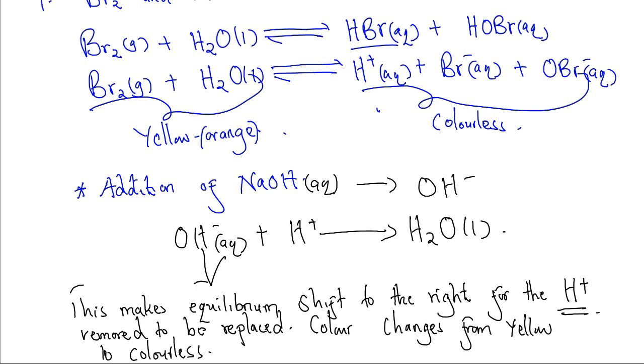On the other hand, when we add hydrochloric acid, addition of hydrochloric acid will bring hydrogen ions, which react with the colorless bromide and hypobromite ions to form yellow orange aqueous bromine.